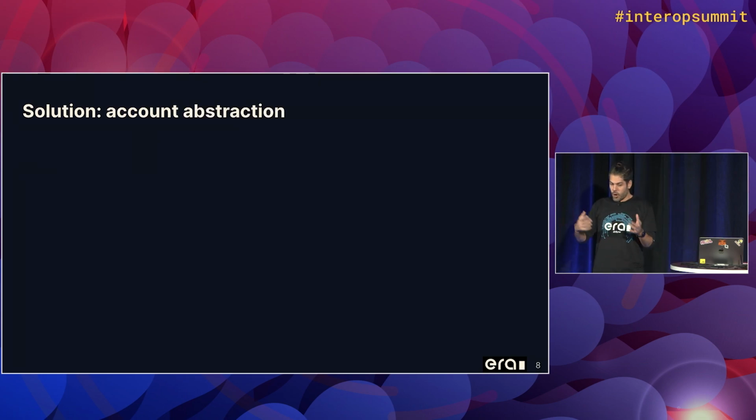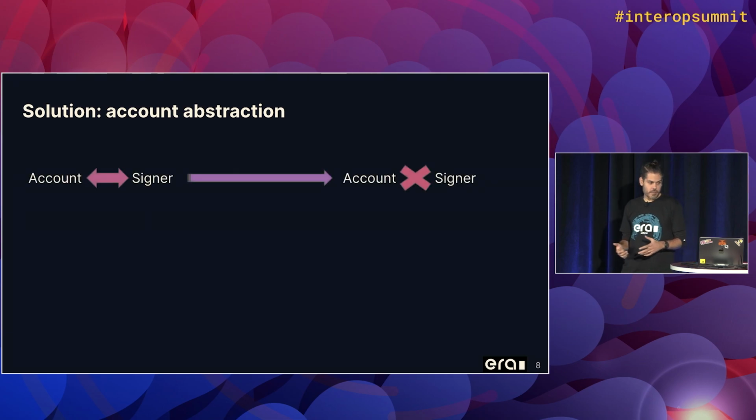So all these problems are the things that account abstraction is trying to solve. Account abstraction is a weird expression that everyone uses lately, so let's try to understand what it is. In simple terms, instead of having this account related with this signer, we're breaking this relationship.